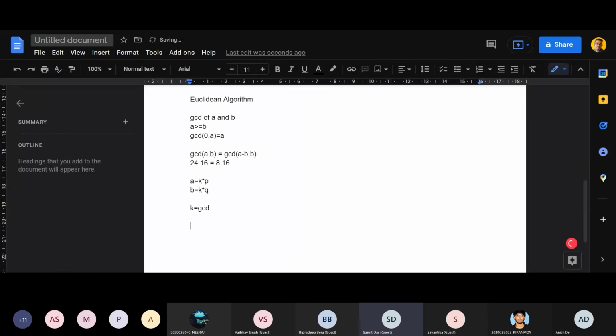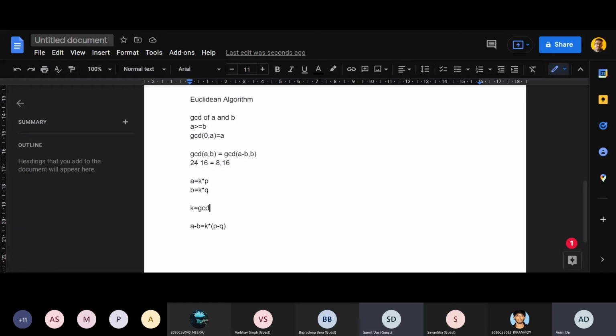Then we can take that to A minus B comma B. So A minus B will be K into P minus Q, and this is also divisible by K, right? So I was looking for this proof only.